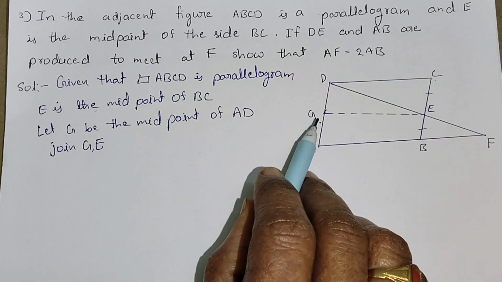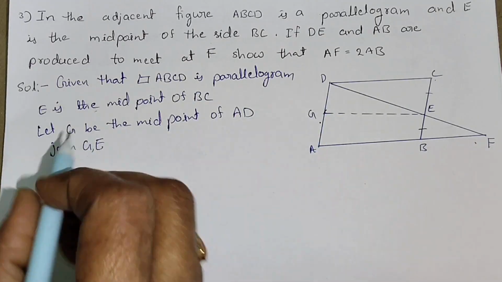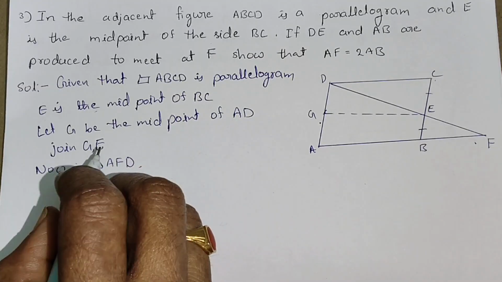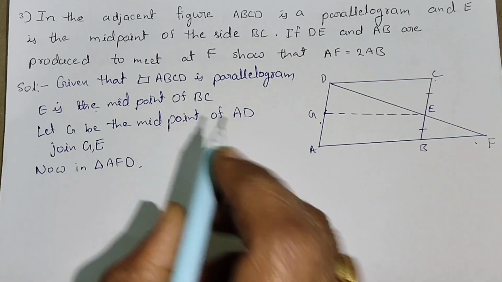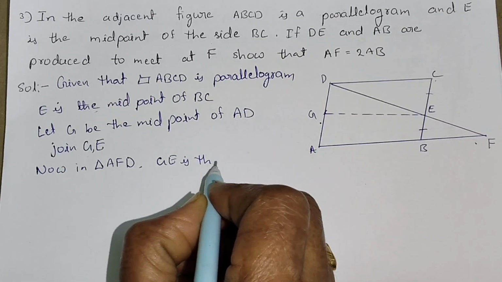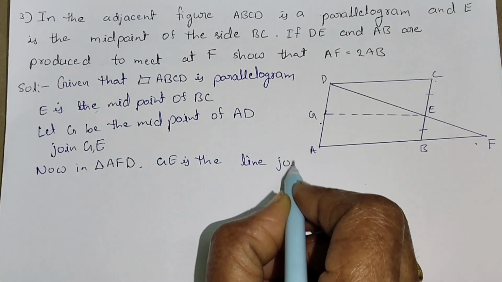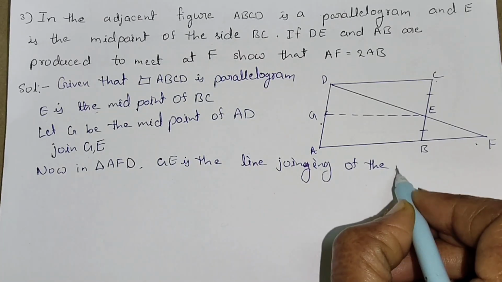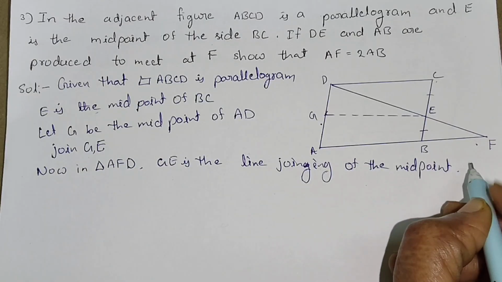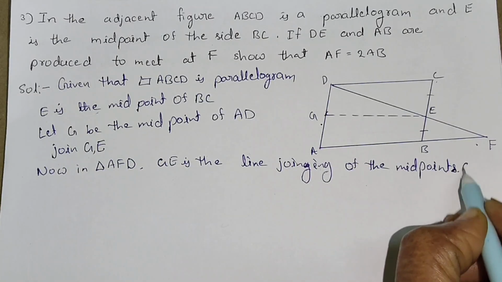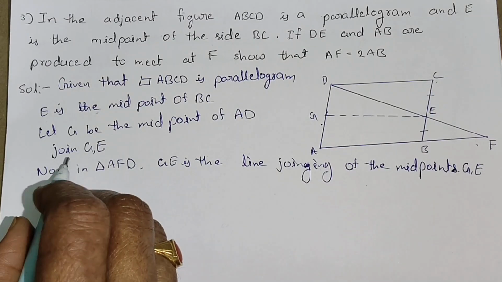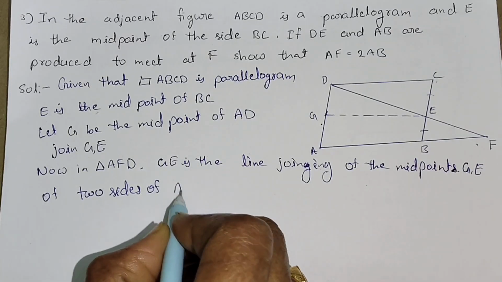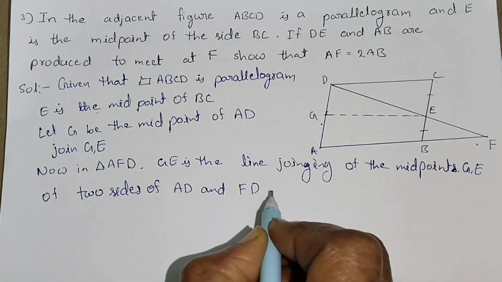So now here we take the triangle AFD. Now in triangle AFD, here GE is the line joining the midpoints G comma E of two sides AD and FD.